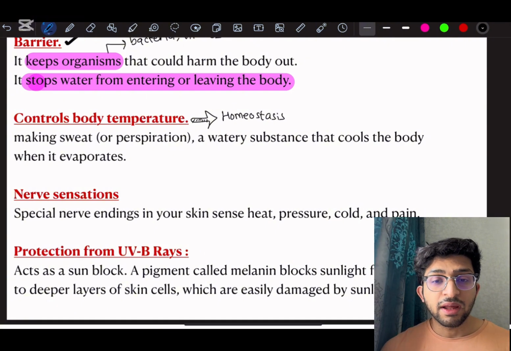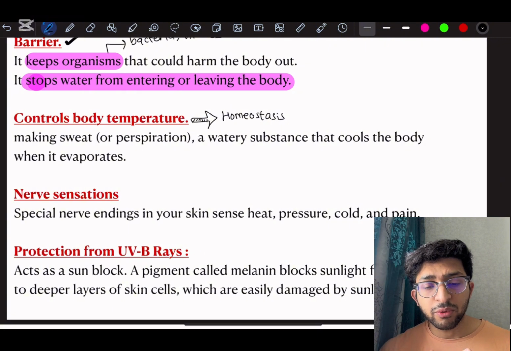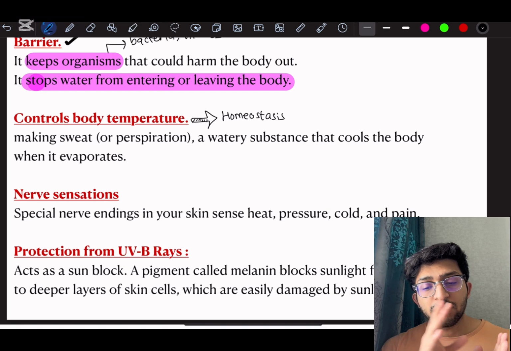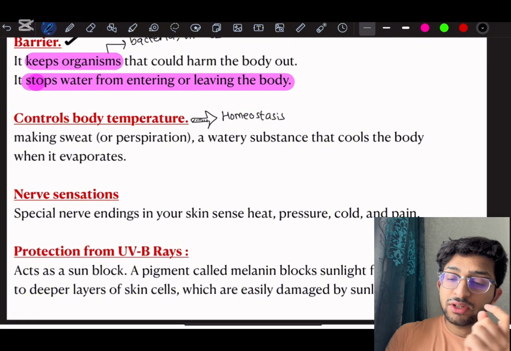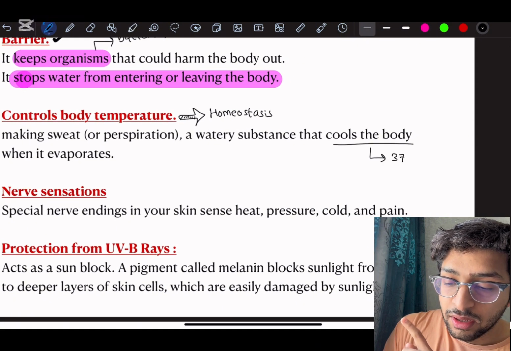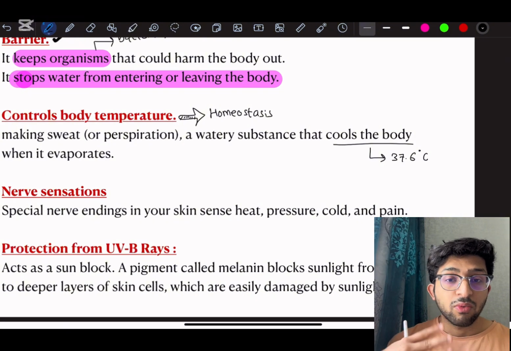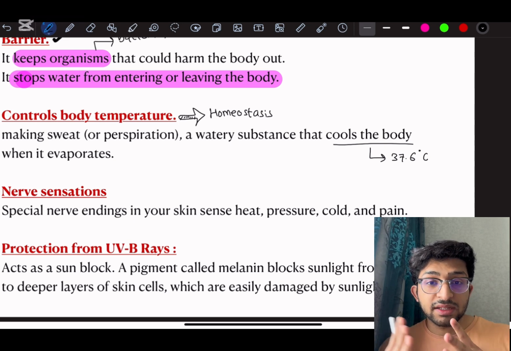Your inside body temperature gets higher, so in order to compensate, your body starts making sweat, which is responsible for cooling the body. The normal temperature of our body is 37.6 degrees Celsius, and our body needs to maintain it. So if your body temperature gets higher, your body starts removing water, and that helps as a cooling mechanism.